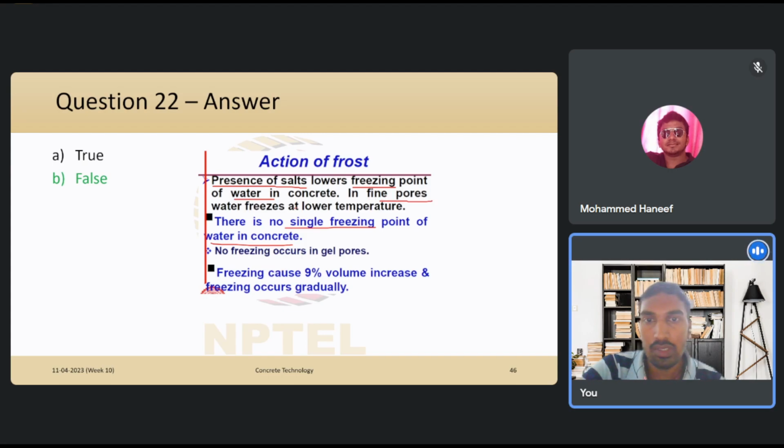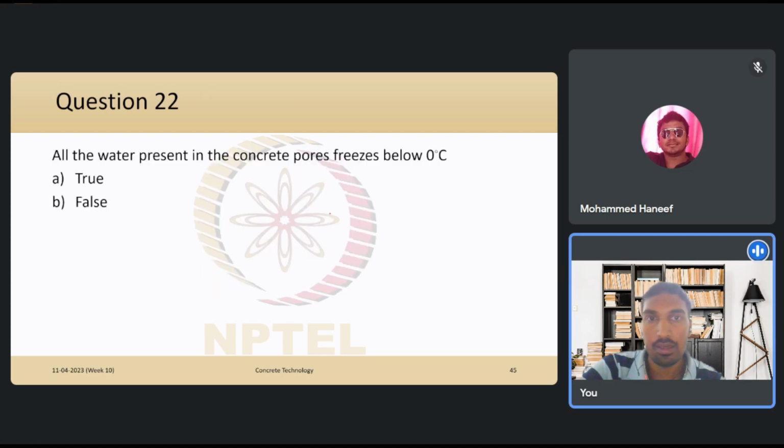So in fine pores you will see freezing at a much lower temperature, right? So it will not be freezing of all the water present, right? If it is pure, it will freeze at 0, otherwise it will not, right? So therefore the given statement is false.